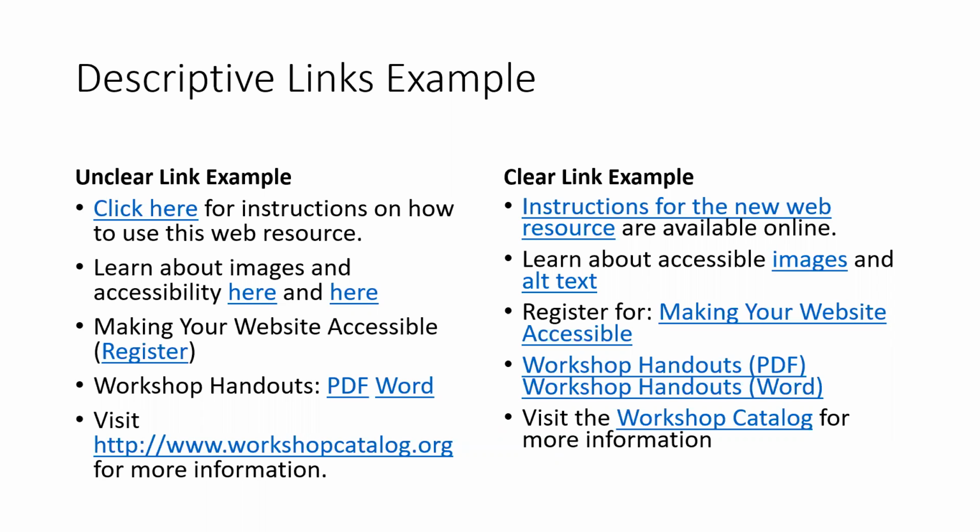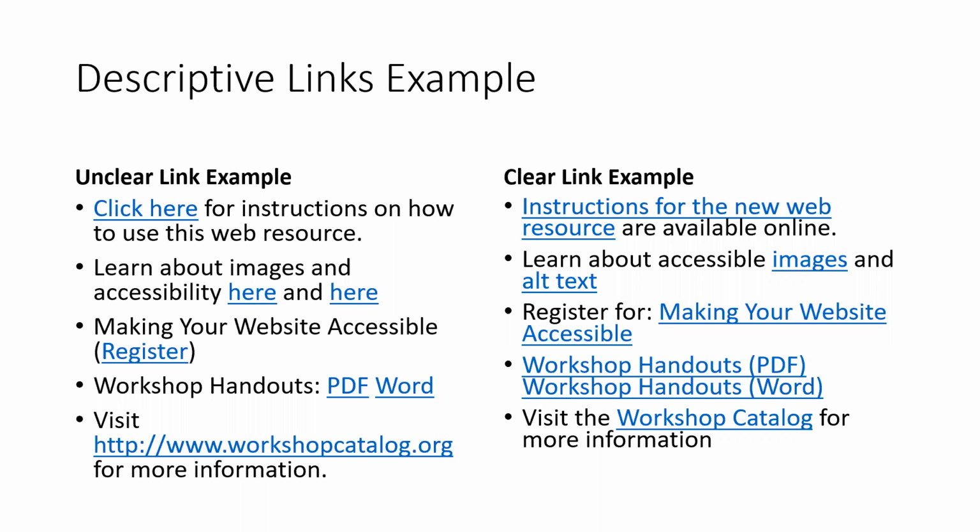A clearer version of the same text would be the link titled instructions for the new web resource are available online. Another example, learn about images and accessibility here and here could be changed to learn about accessible images in alt text.